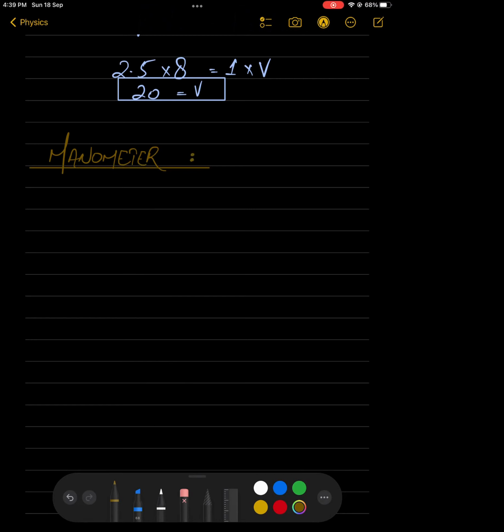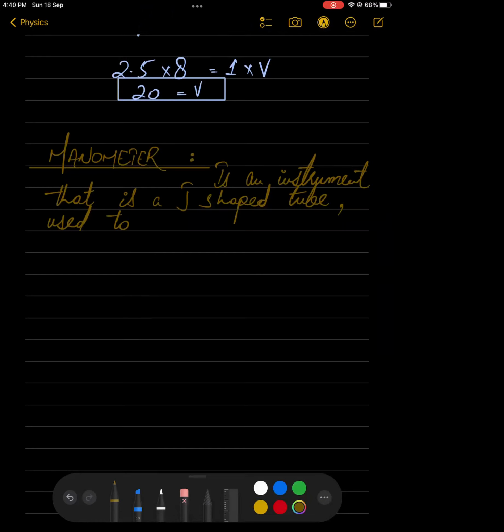Okay, so manometer is an instrument that is a J-shaped tube and it is used to find the difference in pressure. It is used to find the difference in pressure.